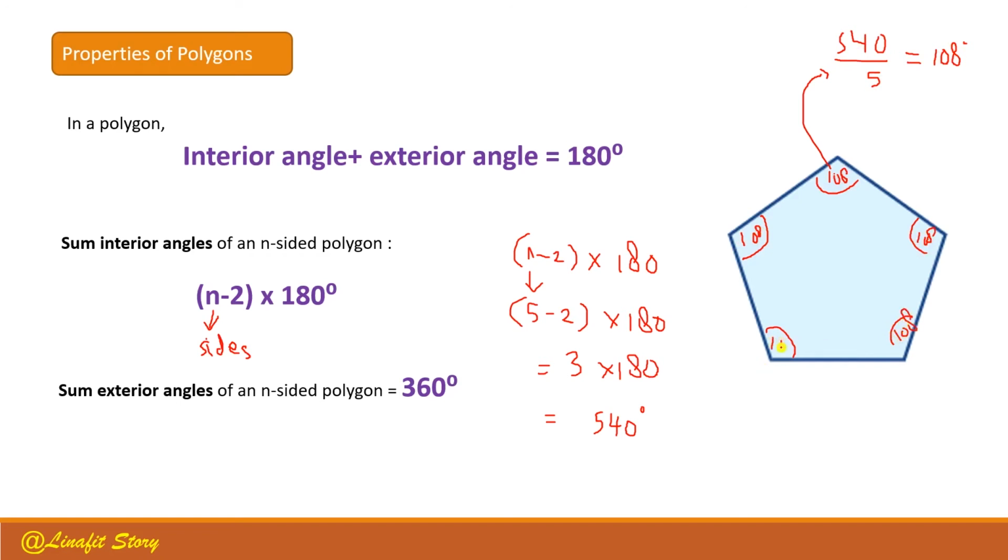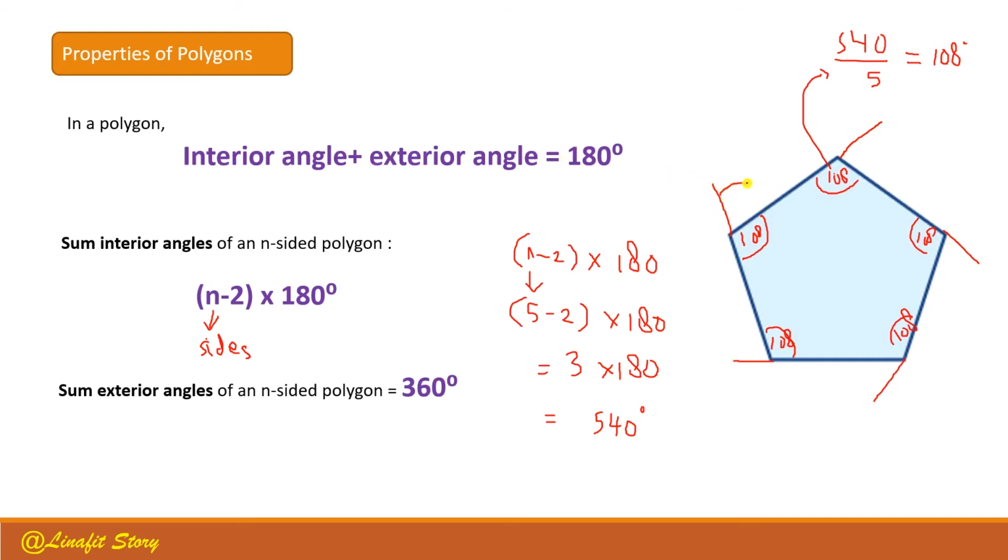And then we will find the exterior angle. The sum of exterior angles of an n-sided polygon is equal to 360. So this is the side of the pentagon, and we extend the line. Interior plus exterior angle is equal to 180 degrees.